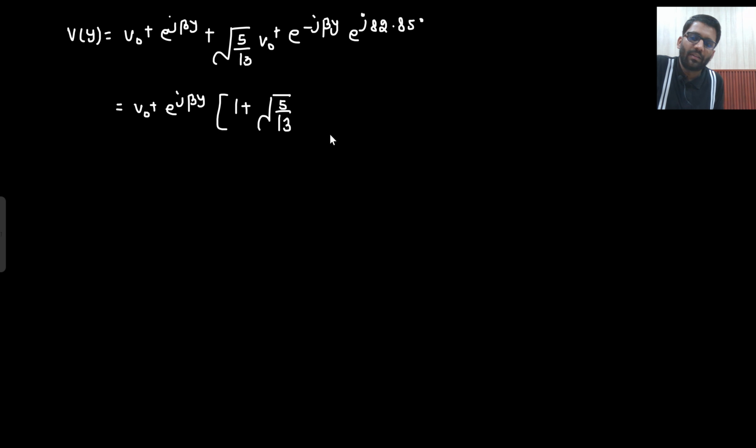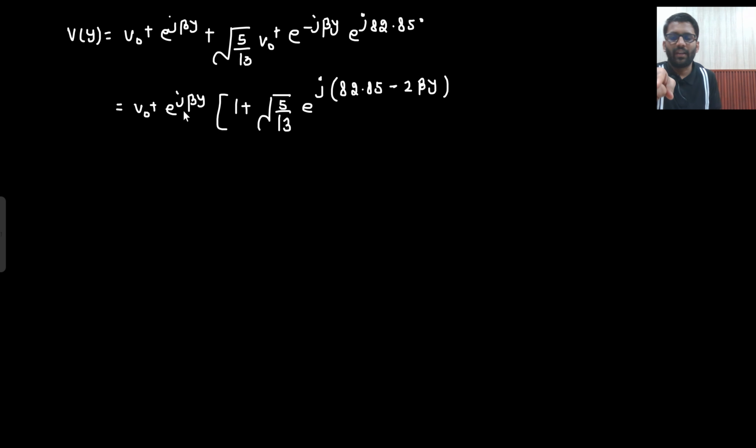So V naught plus e to the power j beta y times 1 plus under root 5 by 13 e to the power j (82.85 minus 2 beta y), right?